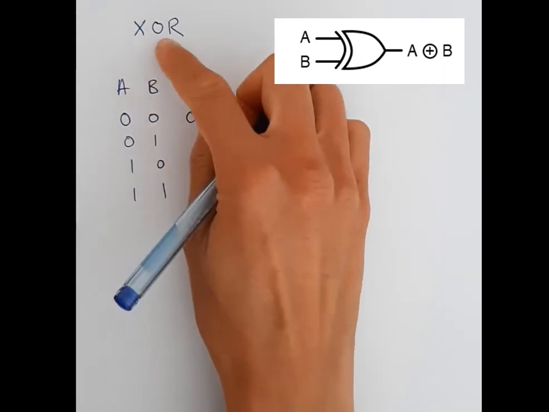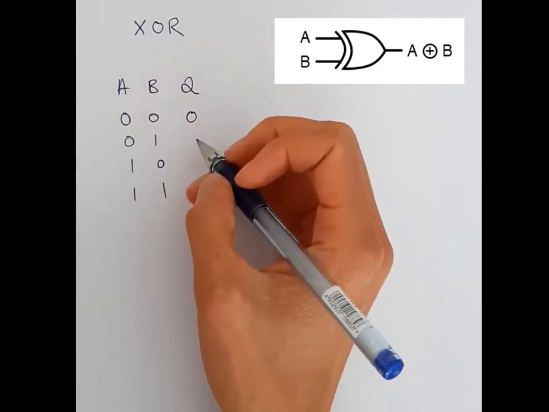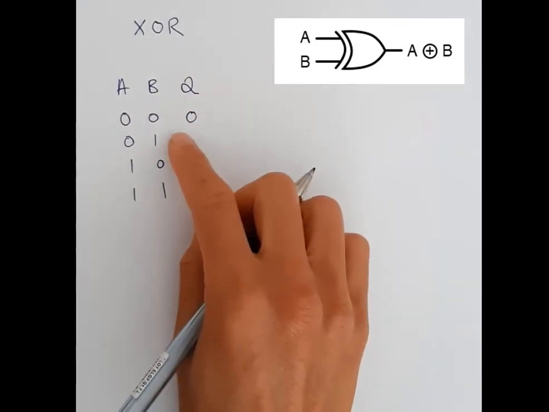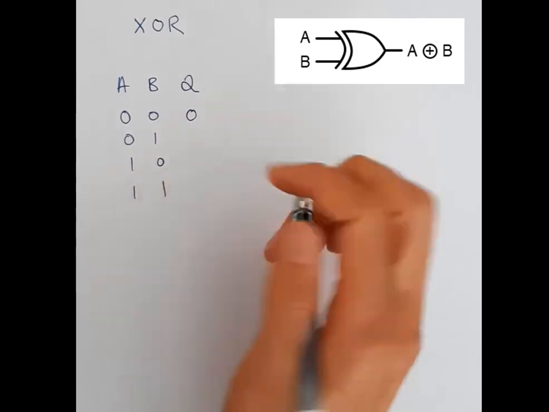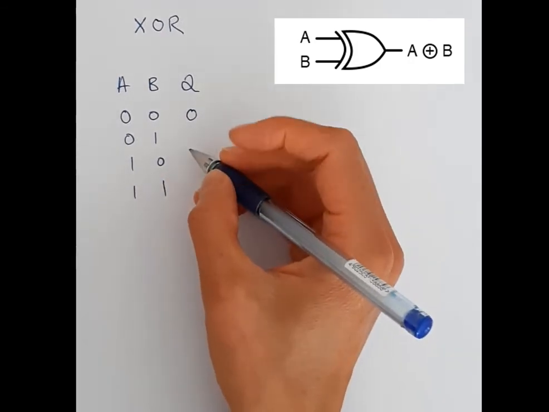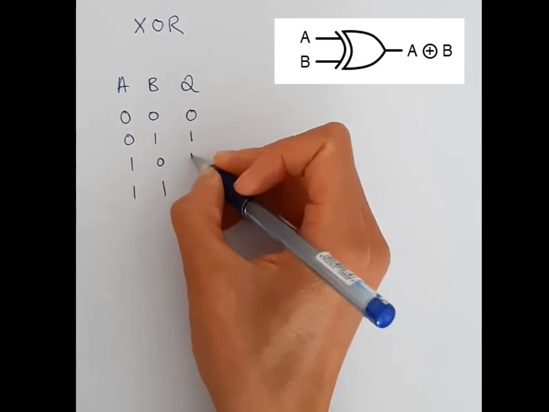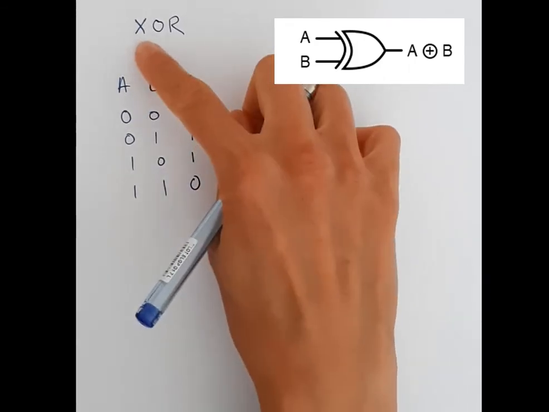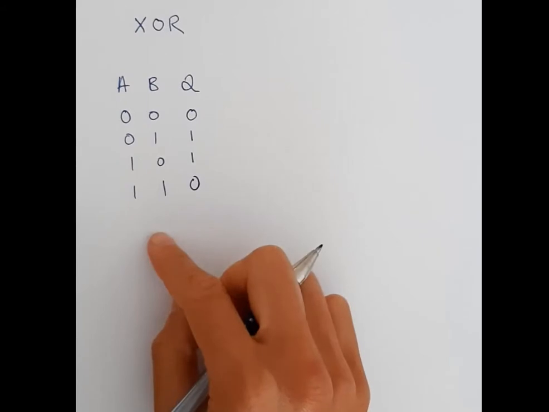However, with an exclusive OR, it means that you only get the output as 1 when A or B are 1, not when they're both 1. It's exclusively if it's one or the other. So that would look like that. So that's an XOR, so an exclusive OR gate, and this is the truth table.